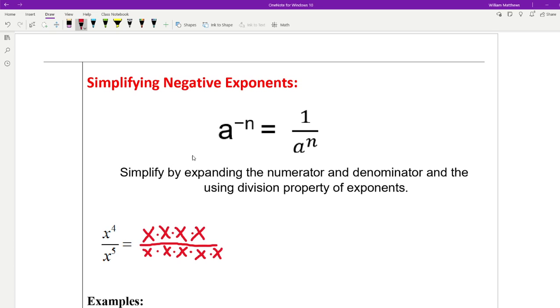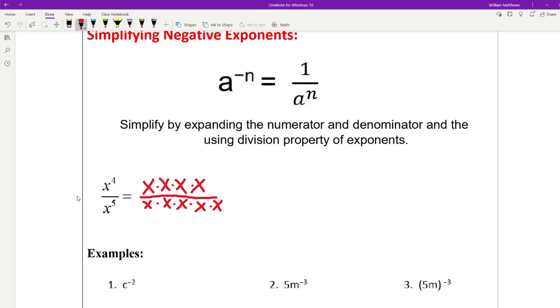With our negative exponent, a nicer view of it, we have a situation where we have x to the power of 4 and x to the power of 5. If we follow the same step of canceling out, this example shows that we have what is left of 1 over x.